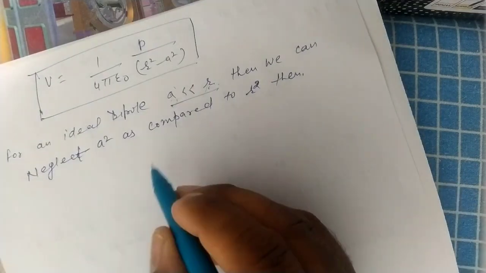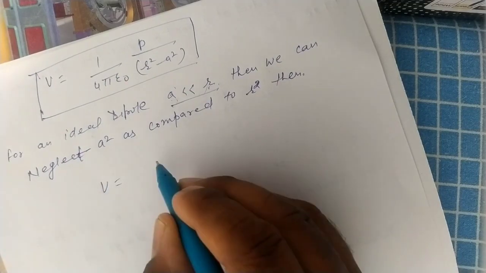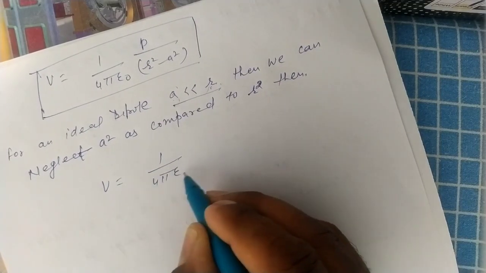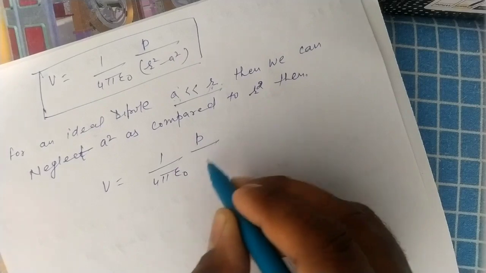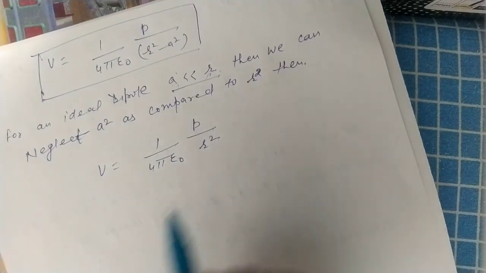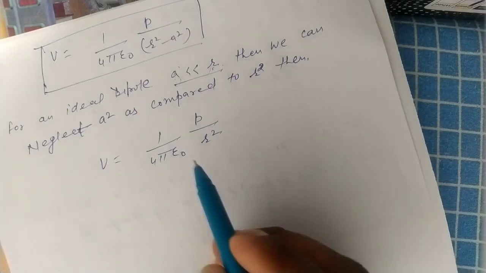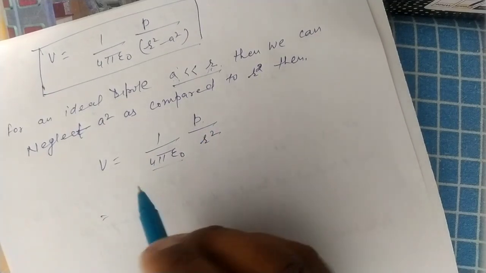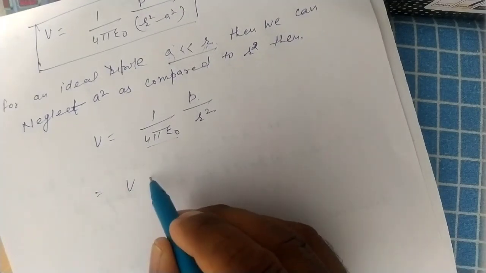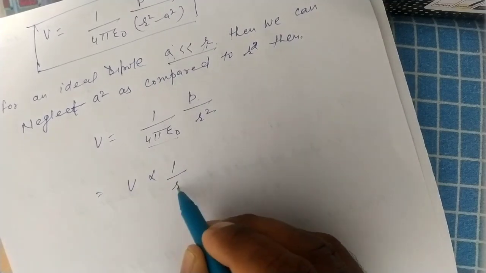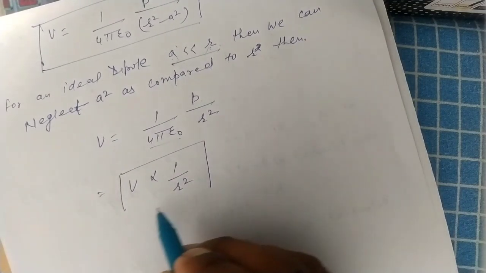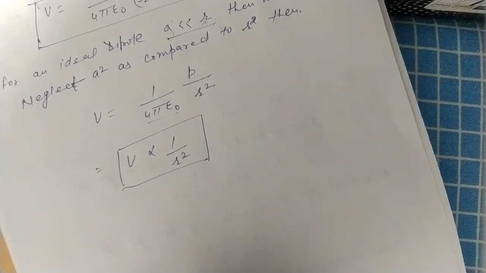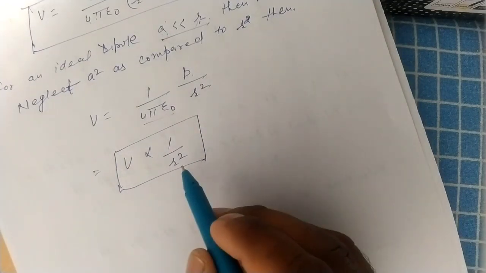Then V is equal to 1 upon 4 pi epsilon naught P upon r square. Here this is the constant term, this is also a constant term, and we can write V is inversely proportional to r square. This is the potential which depends upon r.